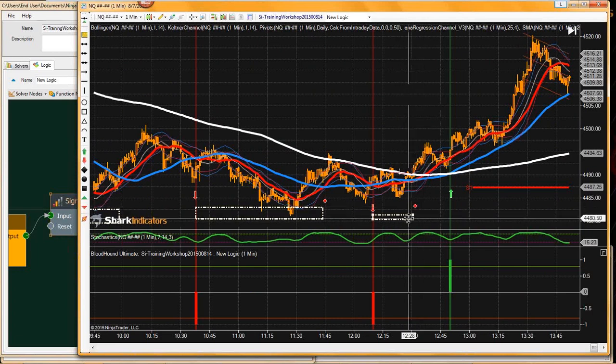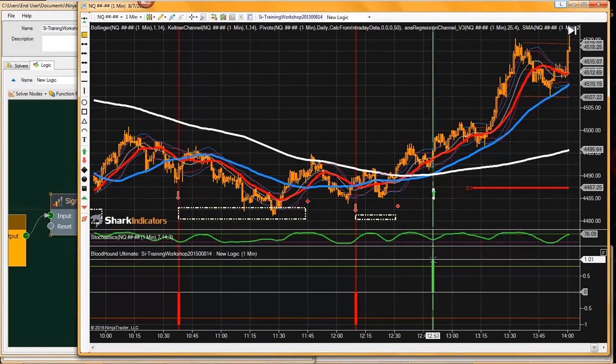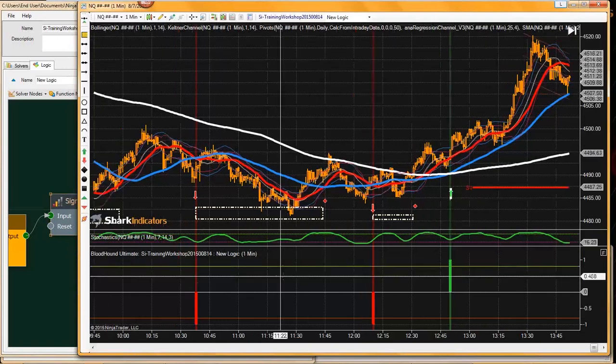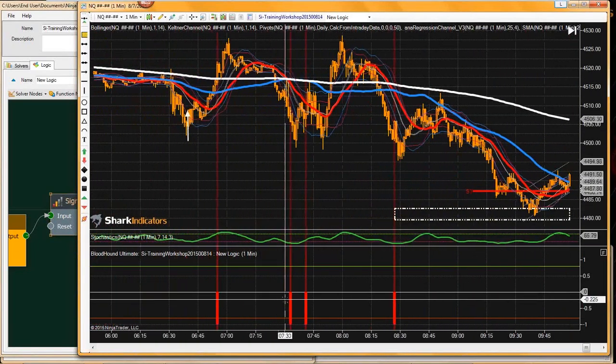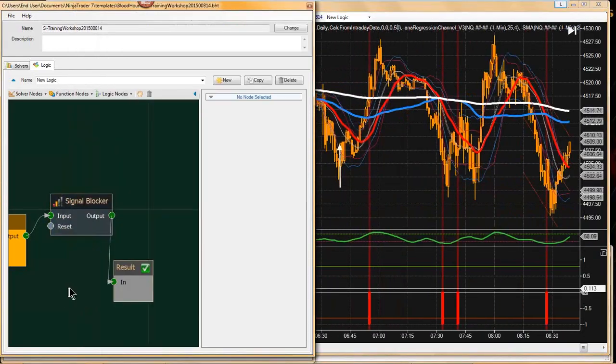And that is the signal area, the white rectangle. And there's the first long signal bar, and we're getting a signal there. So I'd say it looks like that's all we need. Let's take a look at this area here. Let's see what's going on.